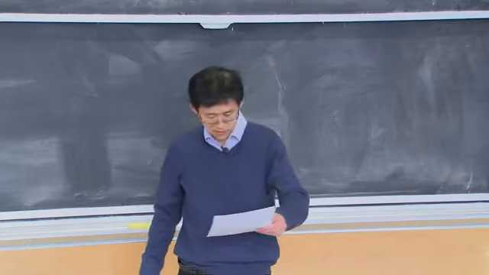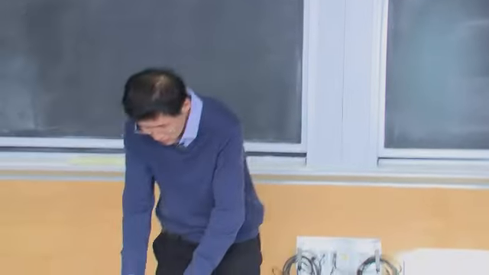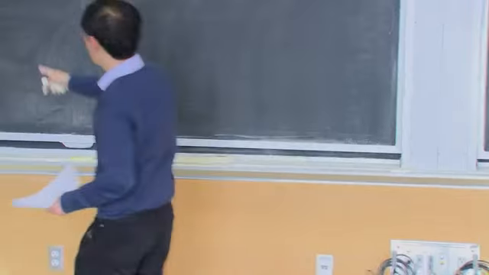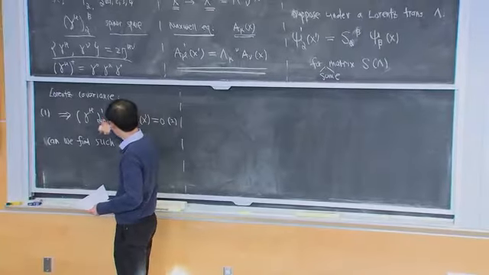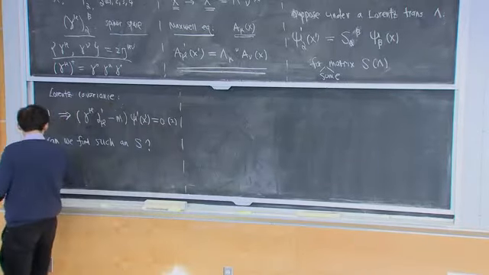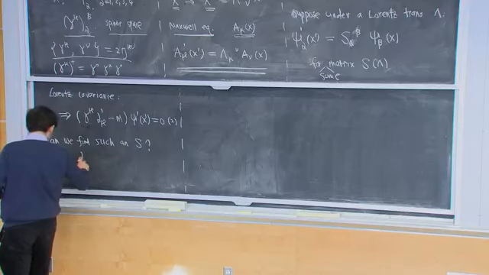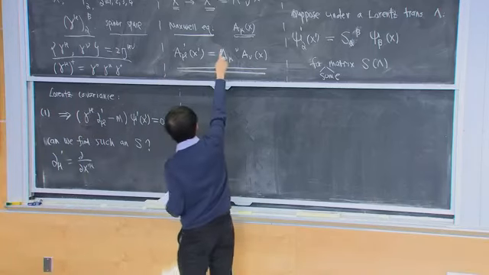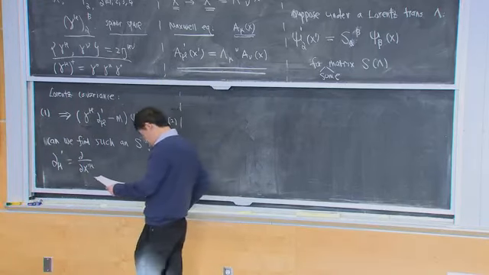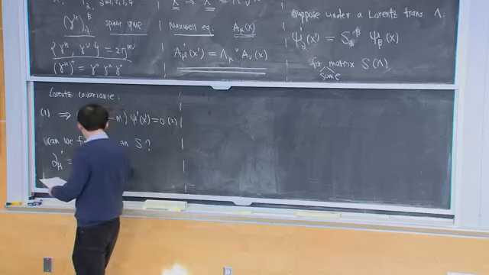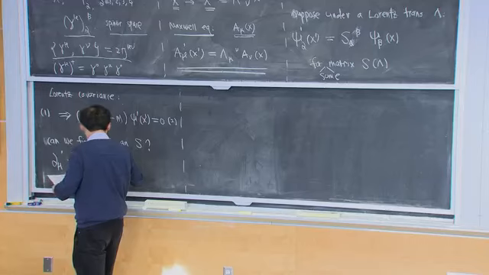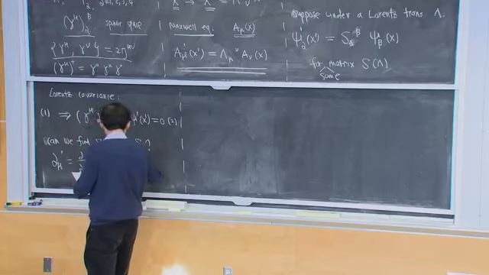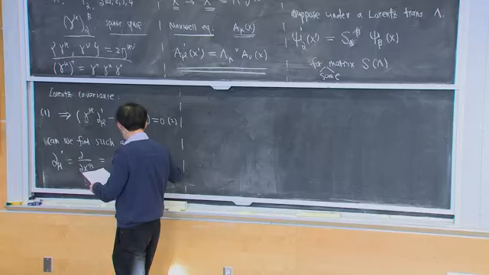Good. Okay, so now let's try to find this S. Before we do that, let's first write what partial prime mu is. Recall, partial prime mu is partial x prime mu, with respect to the new coordinates. From that transformation, you can easily figure it out by the chain rule. It equals partial x nu times lambda minus 1 nu mu.